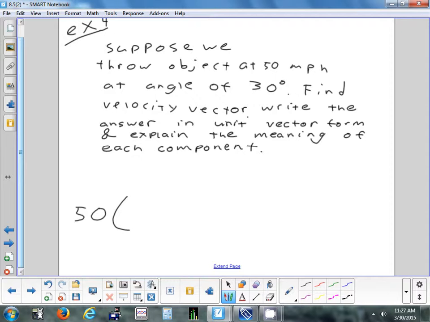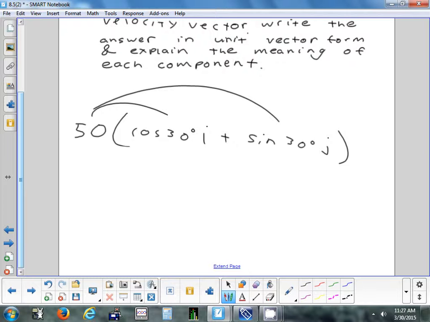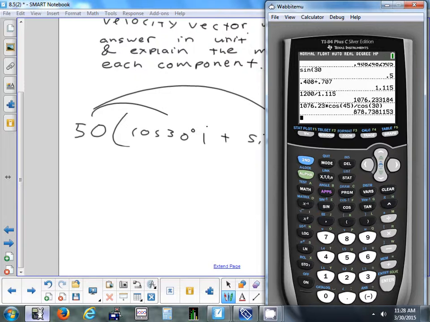So follow your formula. Cosine alpha i, that's the horizontal. Sine of alpha j, that's the vertical. Okay, now just do it out. That 50, as I said before, treat it just like a distributive property. It's like a scalar. So the cosine of 30, that's 0.866.